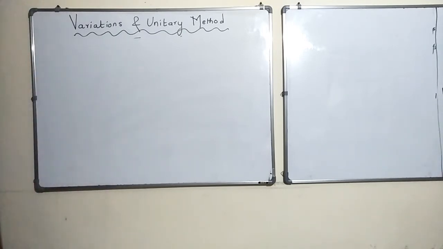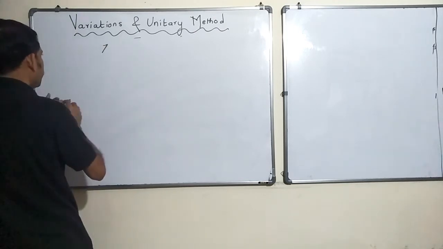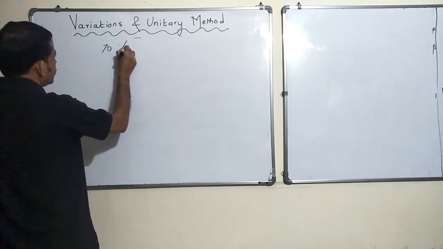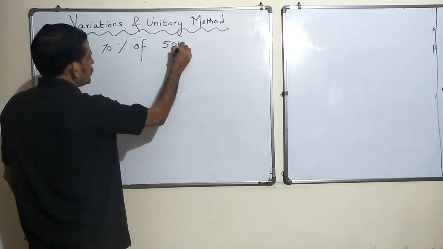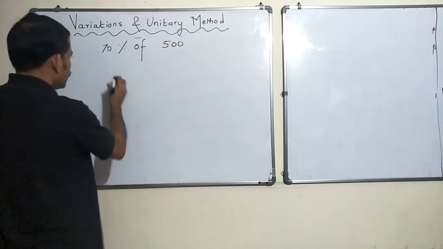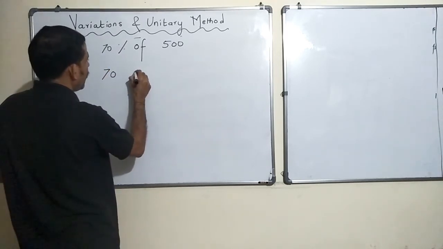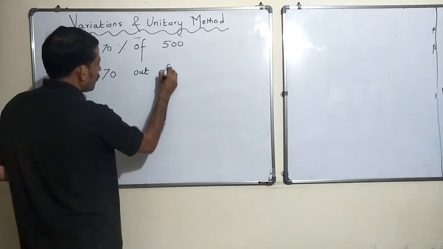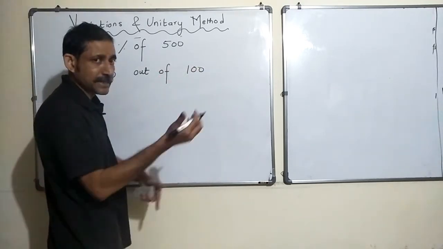Let's see why we did that. We said 70% of 500, right? Remember, which meant 70 out of 100. Percent means per cent, cent is 100, right?